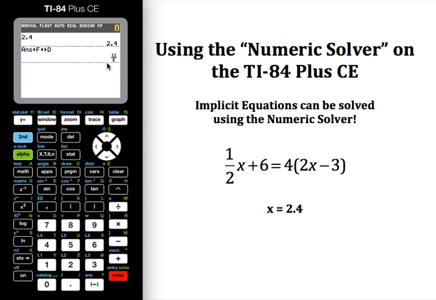If you don't like improper fractions, I can use that fraction button again, alpha y equals, and this time I want to switch from an improper fraction to a mixed number, so I would select 3 and then press enter. Now I've got 2 and 2/5. All three of those are equivalent answers, just dependent on what kind of form you need to have your answer in. But that is how the numeric solver works on the new TI-84 Plus CE calculator.